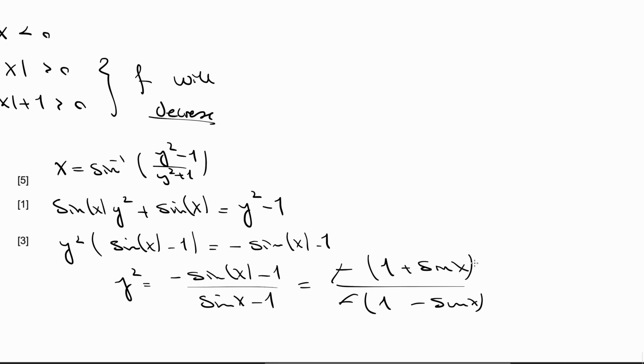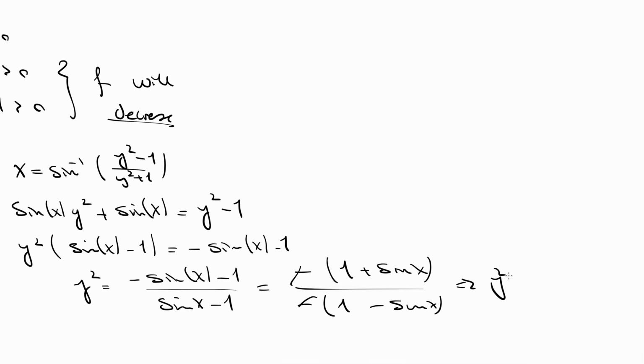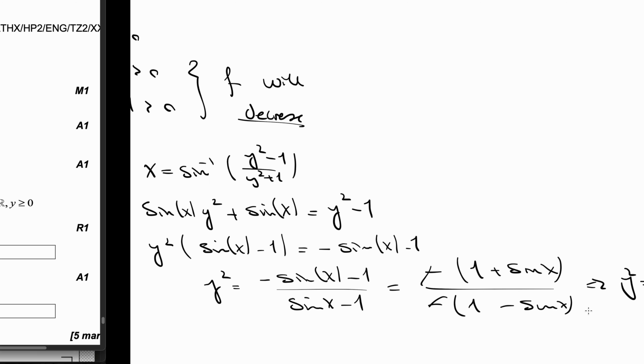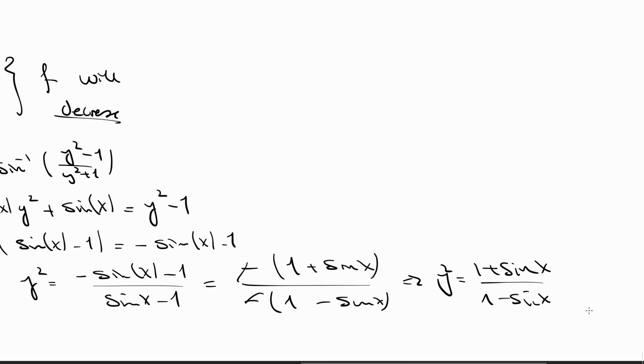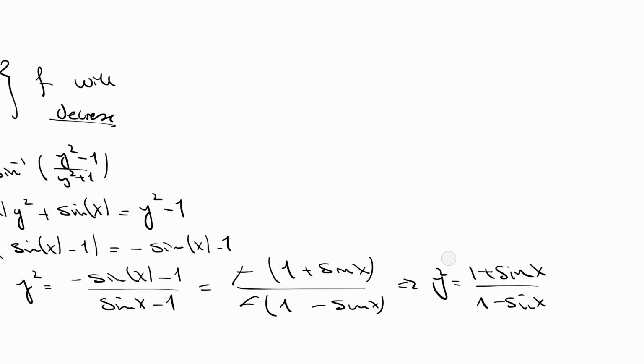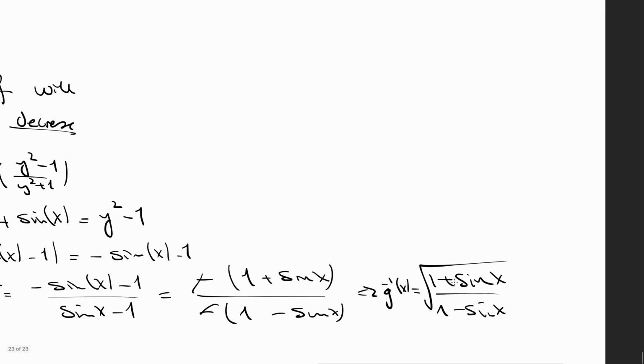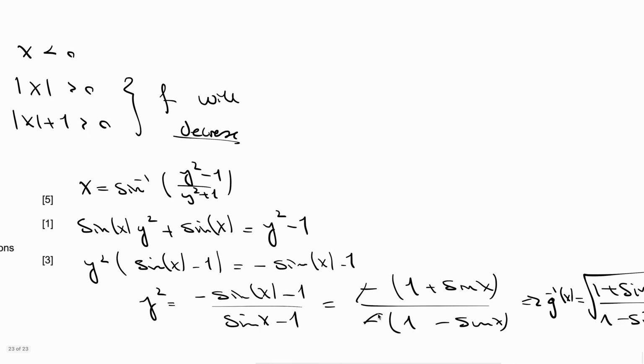So the negatives cancel out, so y squared will be 1 plus sine of x over 1 minus sine of x. Alright, so that seems right. Okay. Then you can take the radical as well to finalize your answer. So g inverse of x is radical 1 plus sine of x over 1 minus sine of x. Okay, that wasn't too bad.